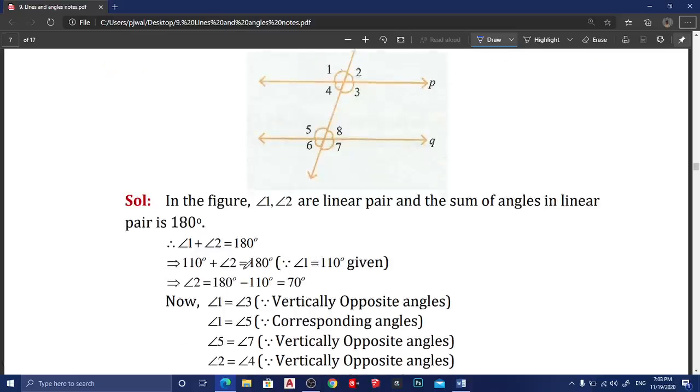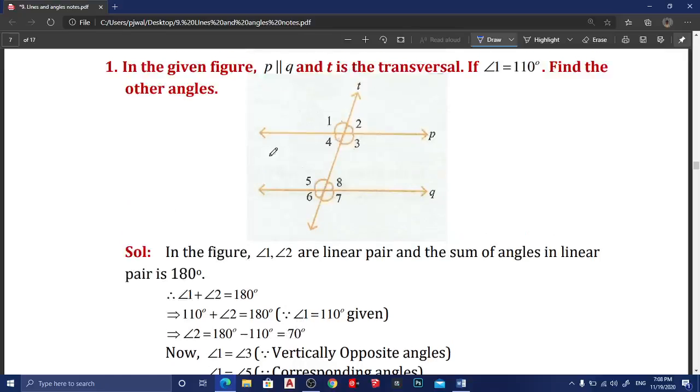Okay. So now by substituting the value of angle 1, which is 110 degrees as given in our problem, 110 plus angle 2 equals 180. Now by transposing this 110 to the right side, you will get angle 2 is equal to 180 minus 110, which gives 70 degrees.